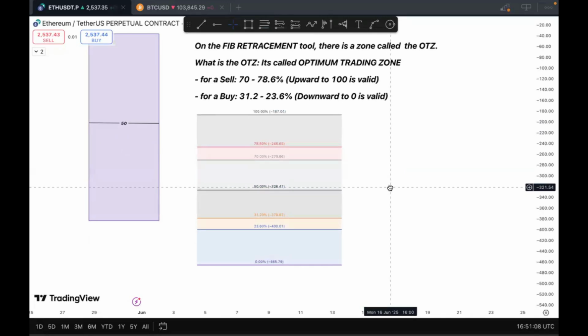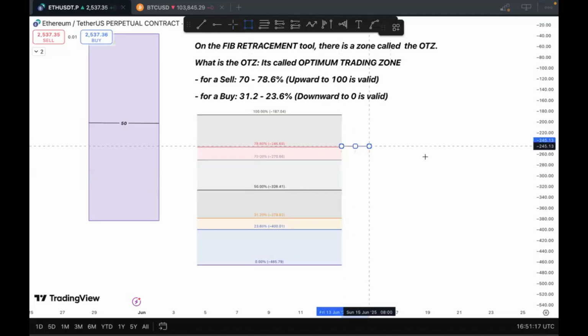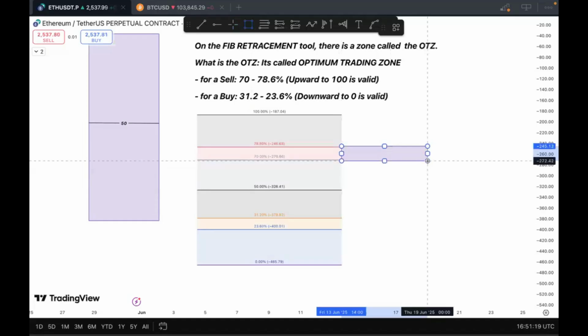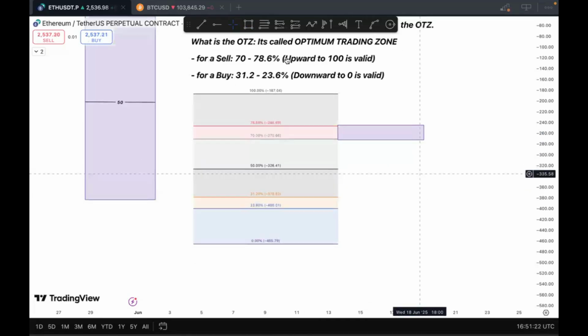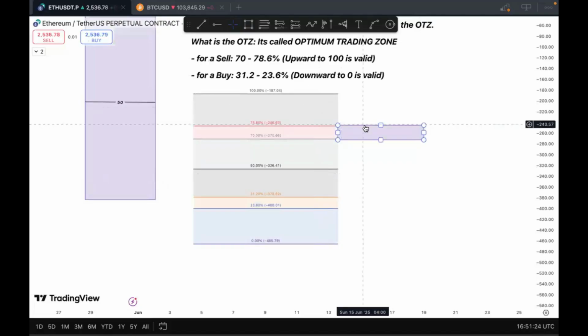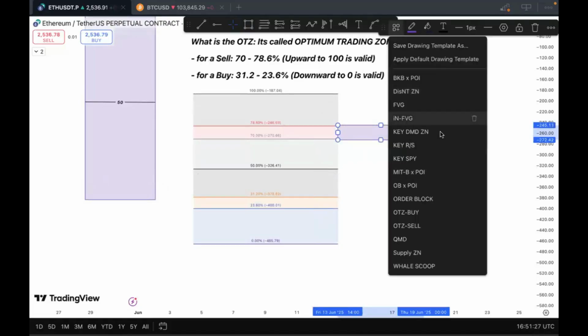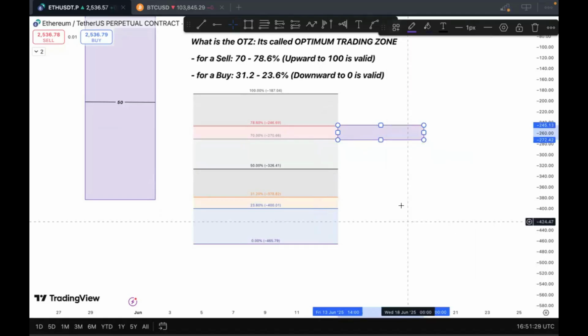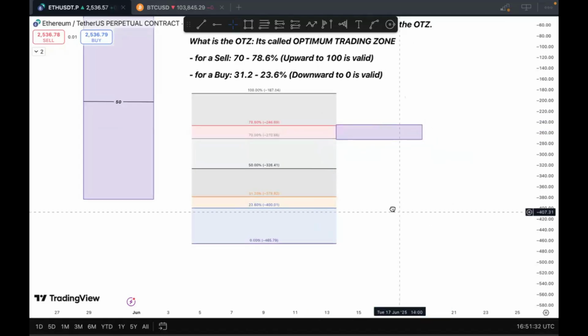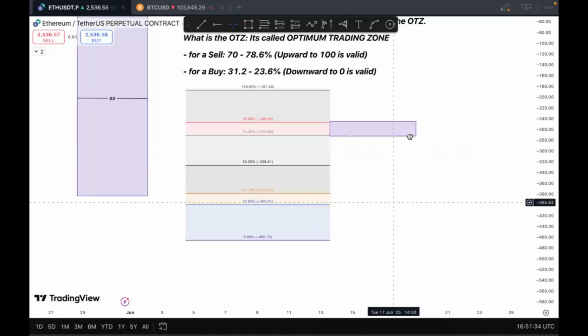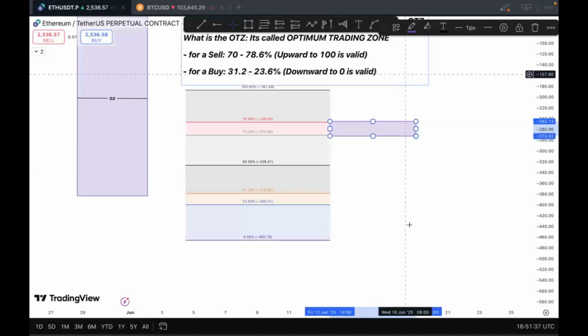So you can see the Fib retracement tool. So you can see this is the optimal trading zone for a sell, OTC sell. So we have OTC sell, good.